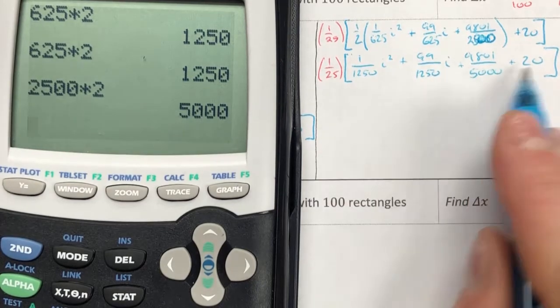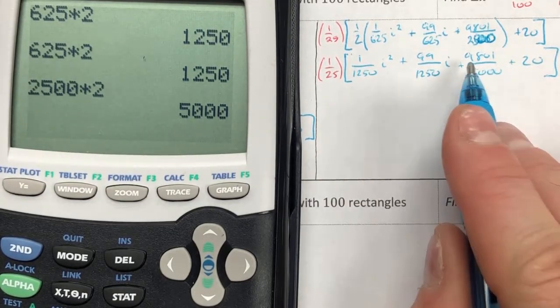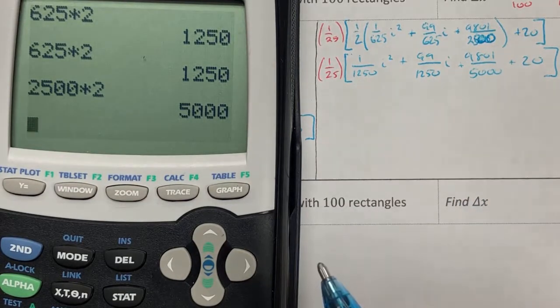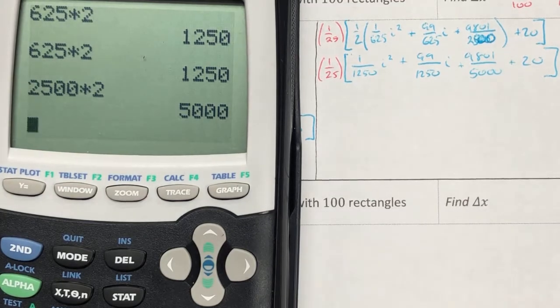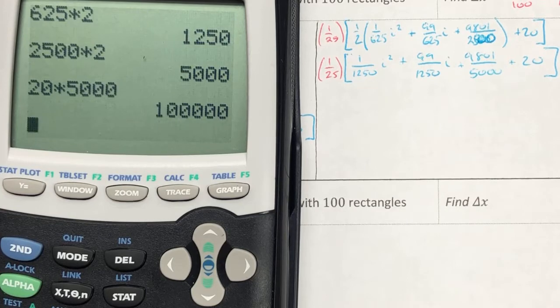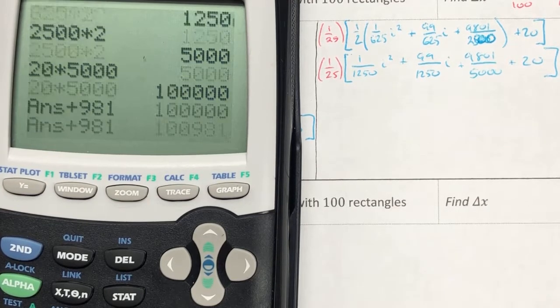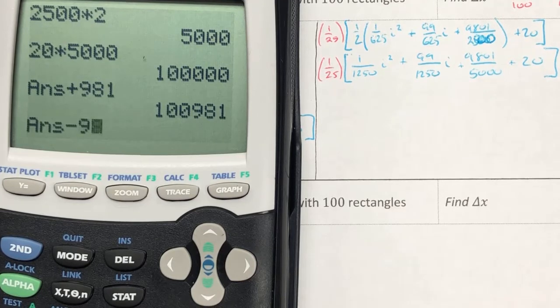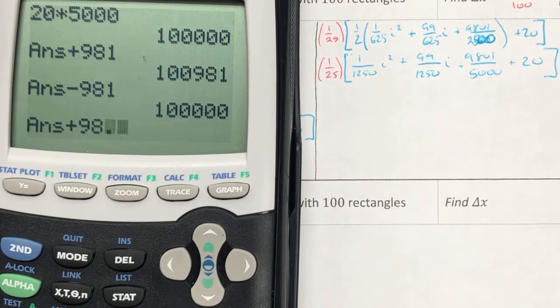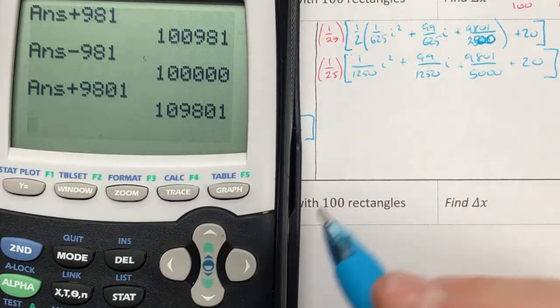Okay, the next thing I'm going to do is combine these two terms, so 9801 over 5,000 plus 20. What is 20 in terms of 5,000? 100,000 plus 9801 is going to be 109,801.